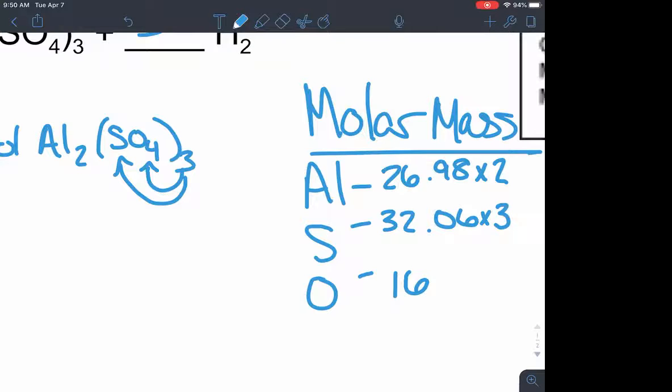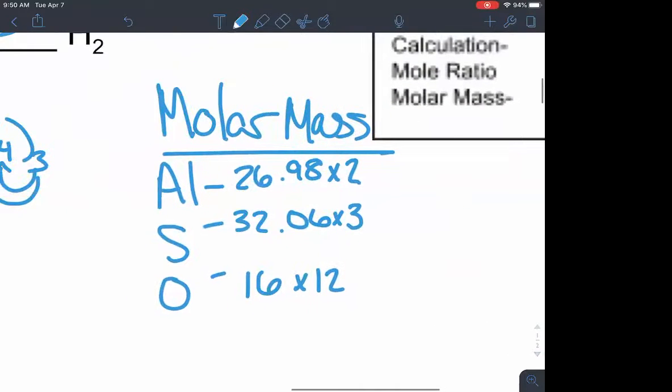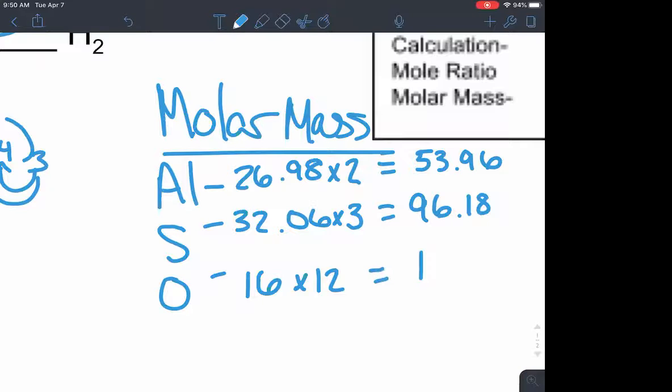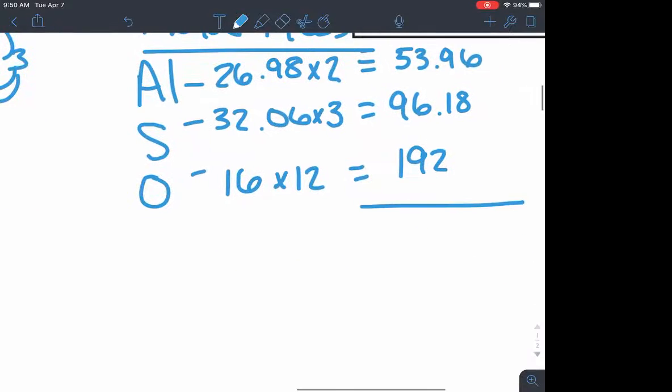You have 12 because it's multiplication, so we do 3 times 4 to make our total of 12 oxygens. So if we do this math, we have 53.96 plus 96.18 plus 192.